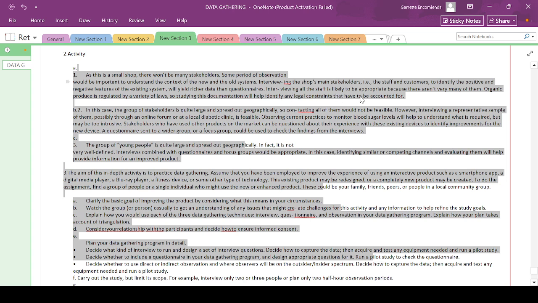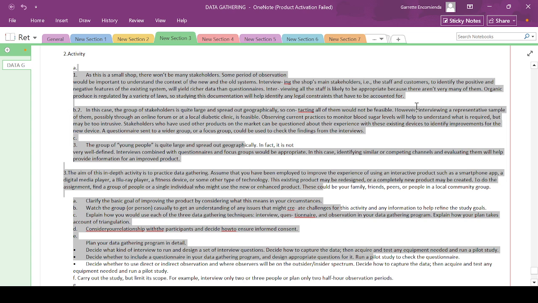Interviewing all the stakeholders is likely to be appropriate because there aren't very many of them. Organic produce is regulated by a variety of laws, so studying this documentation will help identify any legal constraints that have to be accounted for.